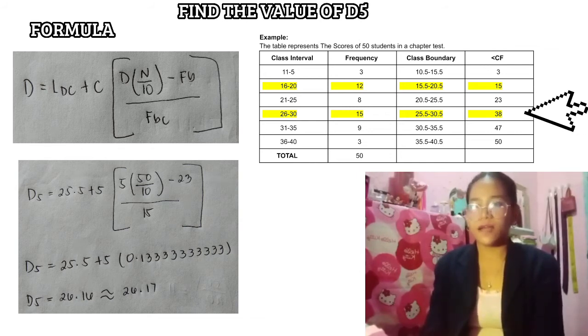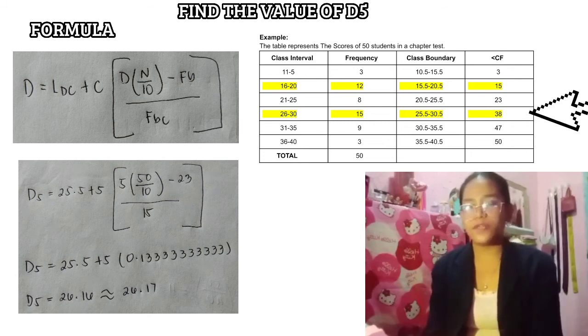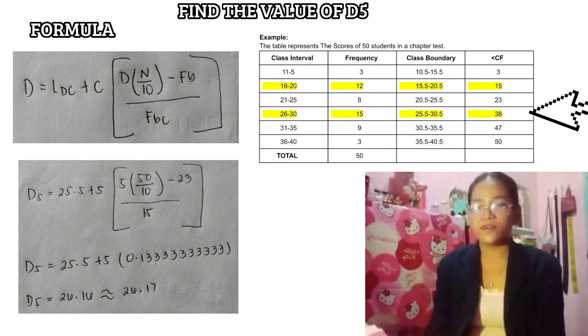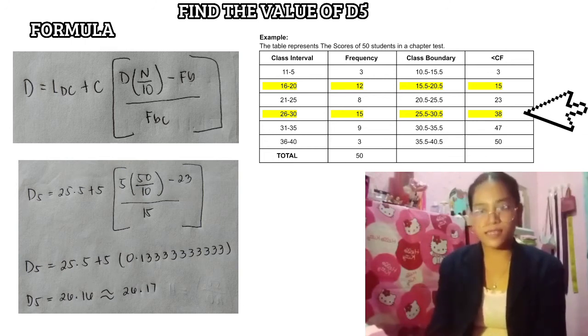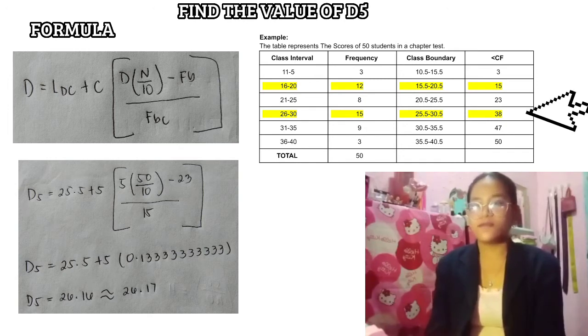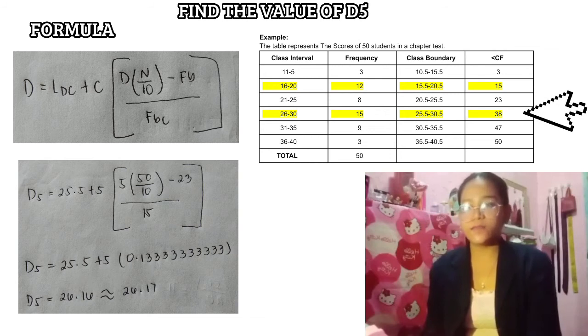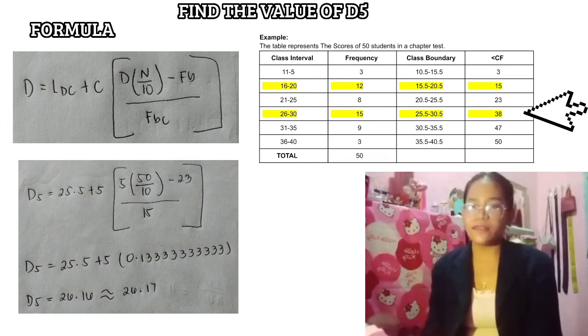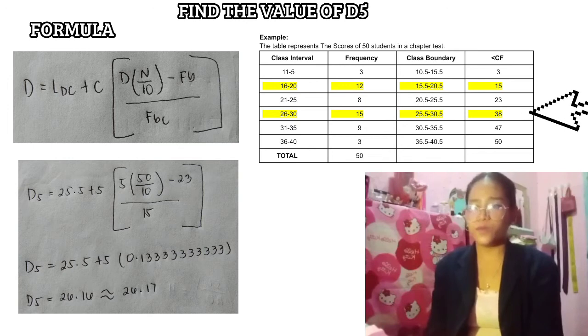Then, D5 equals 25.5 plus 5, open parenthesis 0.1333 close parenthesis. Then, D5 is equal to 26.16 or 26.17. Remember that your decile value should be somewhere in between your decile class.